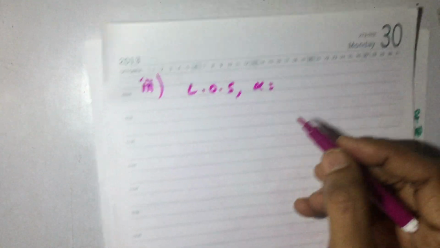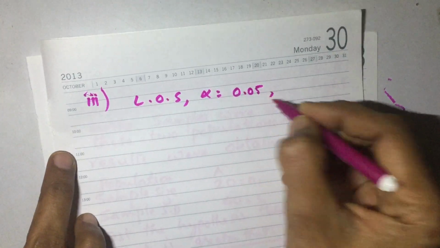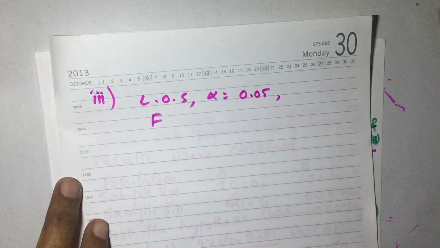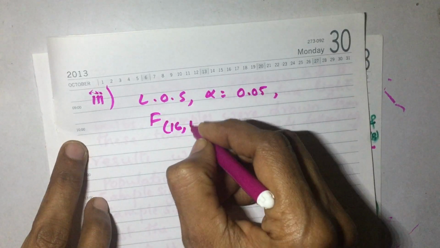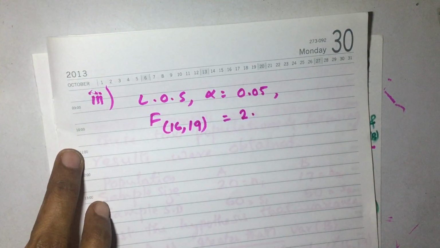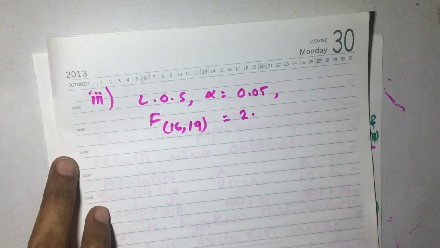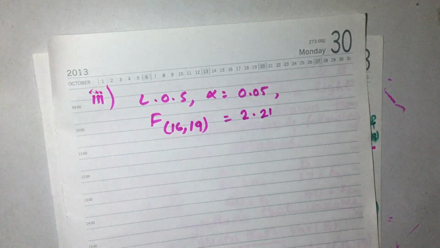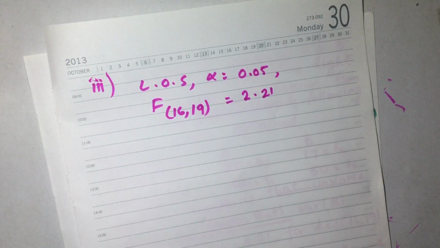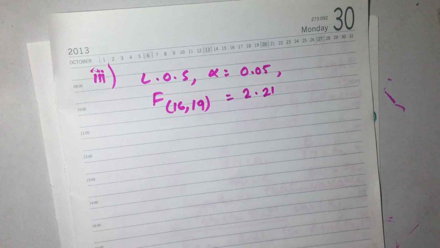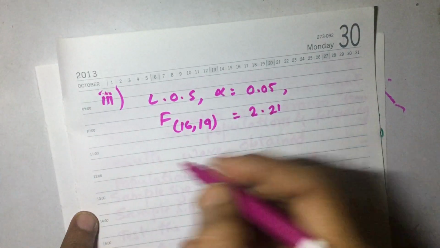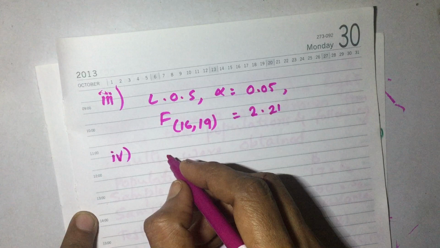Okay, so alpha is 0.05, that means 5%, and the F table value is given as 2.21 for 16, 19. Then the critical value.